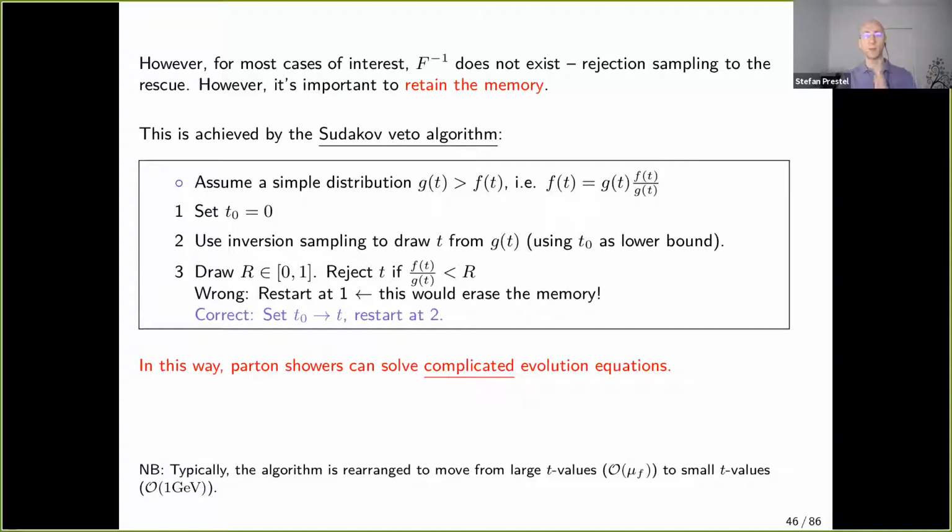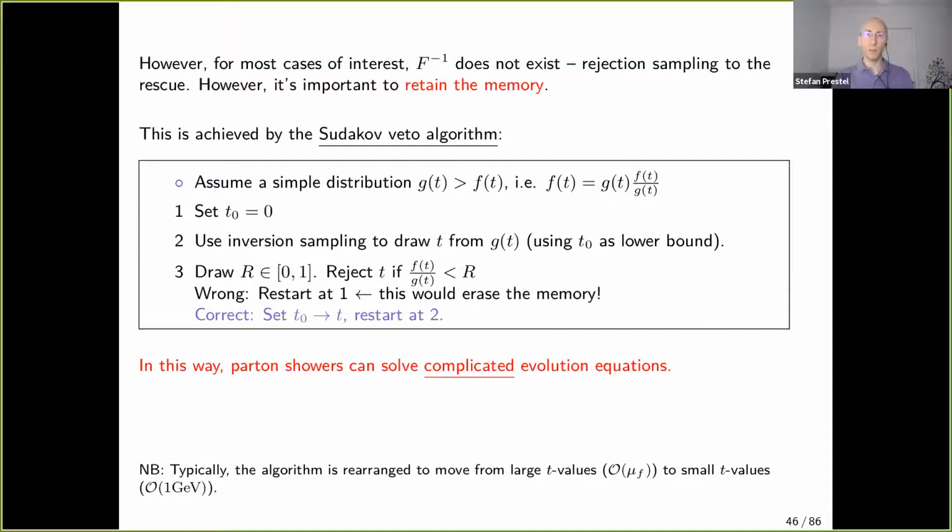So maybe you start from a high value t0, or a low value t0. Then you check, did you decay at time t1? No. Then you check, did you decay at time t2 that is larger than t1? No. Maybe decay at t3 larger than t2. And then maybe eventually at t4 you actually decay.